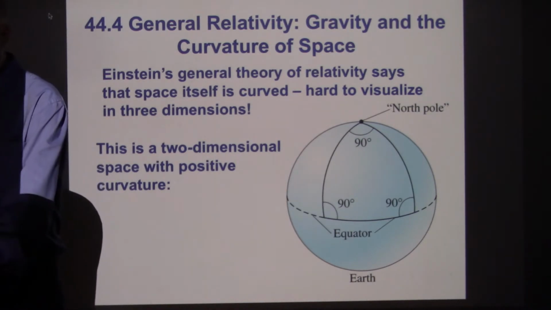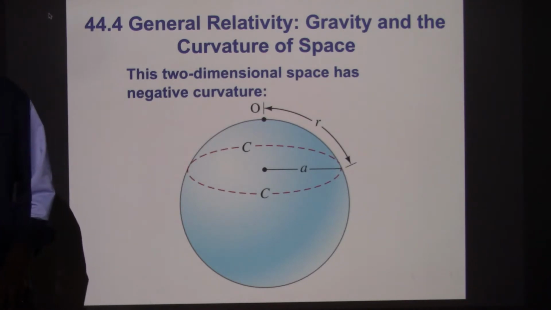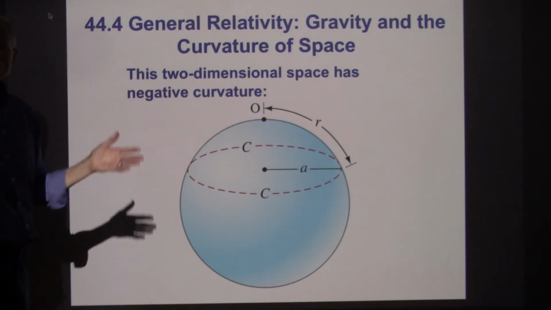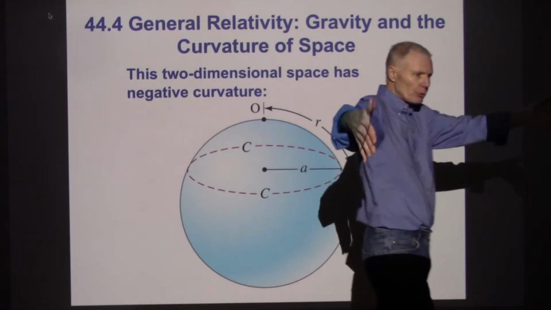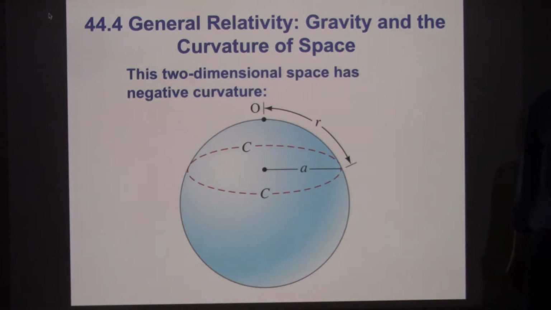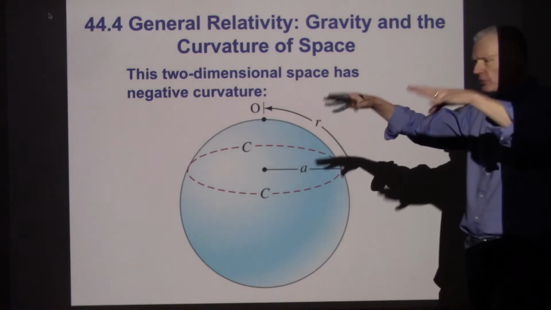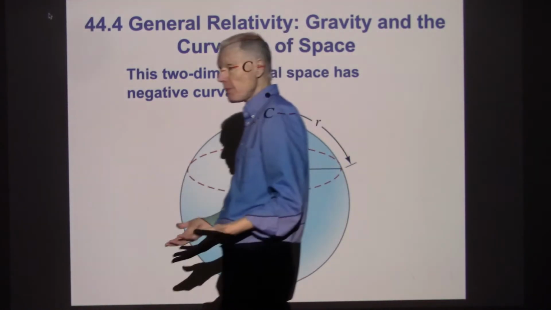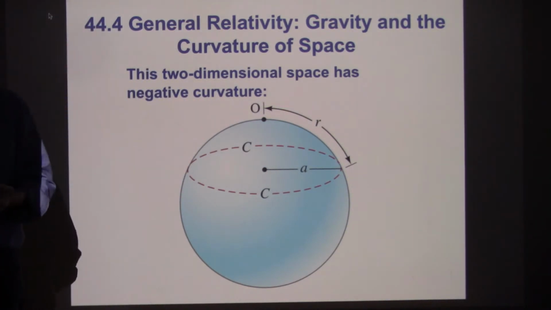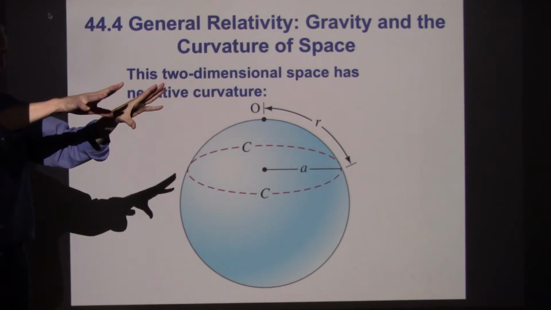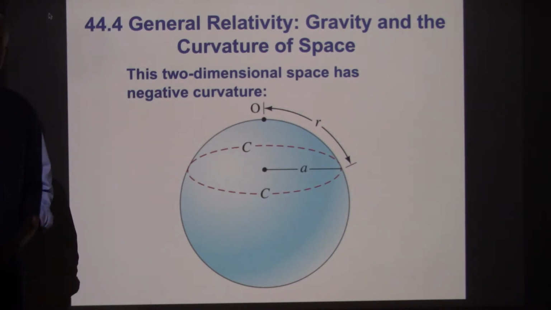So general relativity says that we can have either positive or negative curvature, and that curvature is not just two-dimensional, but three-dimensional. So if we think of space this way, let's say we get a bunch of cubes, and we decide that we want to fill all of space with a bunch of cubic boxes. If space is Euclidean, then as we start stacking all the boxes in space, it works. No matter what direction we go in, we can keep adding more of these cubic boxes, and they will fit together as a bunch of cubes, as you would expect for Euclidean geometry.